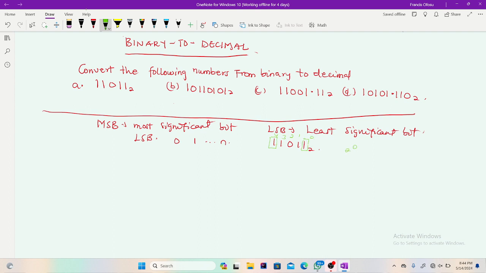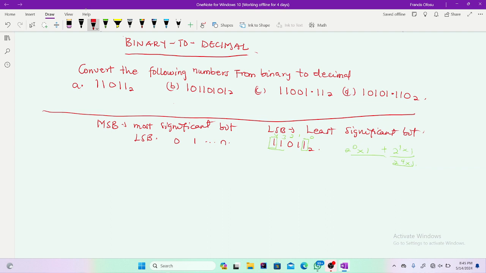The least significant bit has a significance of 0, so 2 to the power 0 times the least significant bit, then we add 2 to the power 1 times the next bit. Realize that the significance increases towards the most significant bit, which in this illustration has a significance of 4. So you simply multiply 2 to the power 4 by 1. This is the idea of the conversion from binary to decimal.